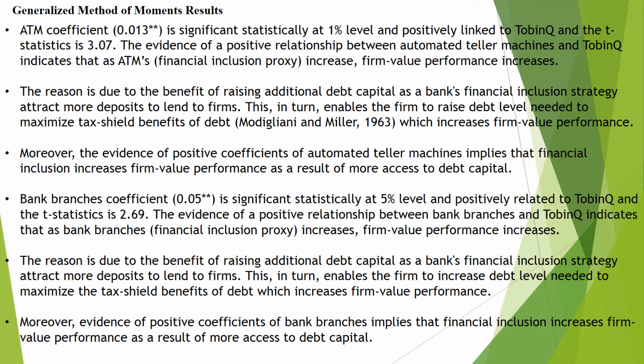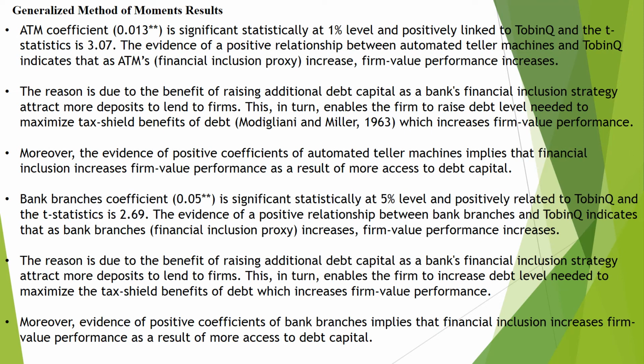So based on our model one, from Tobin Q and ATM, the ATM coefficient is 0.013 and is statistically significant at 1%, because Tobin Q is said to be linked with ATM. So it means here that ATM has a positive and significant impact on Tobin Q.